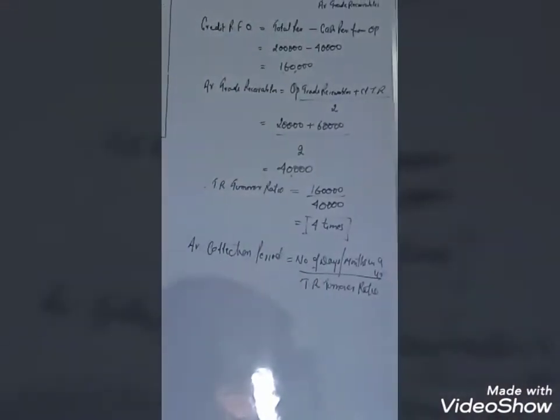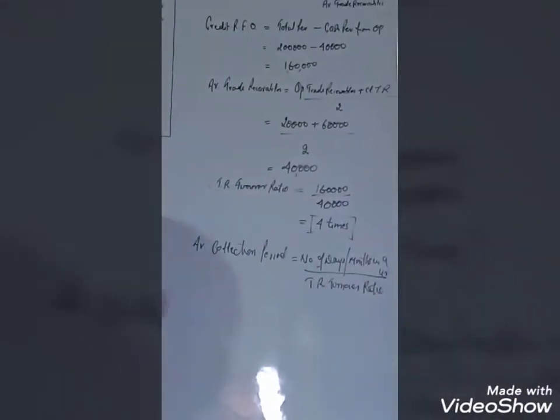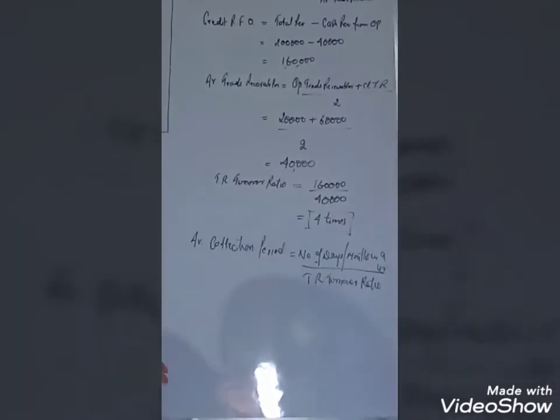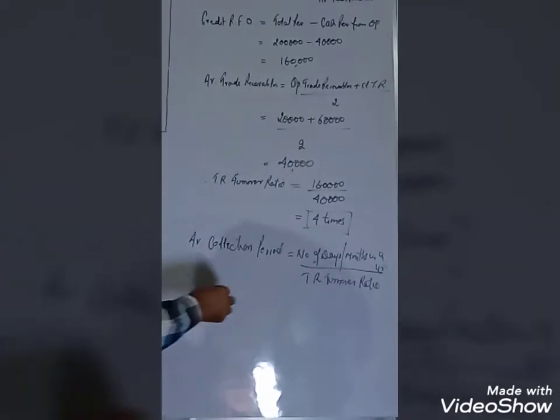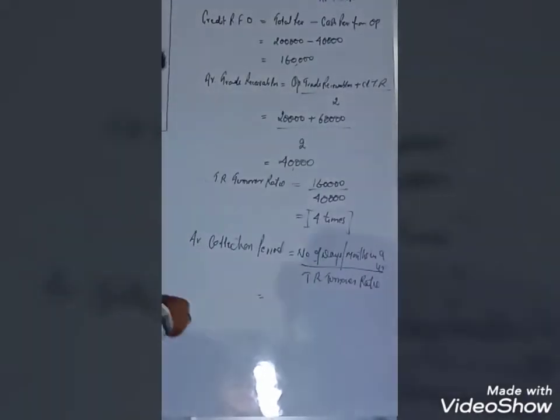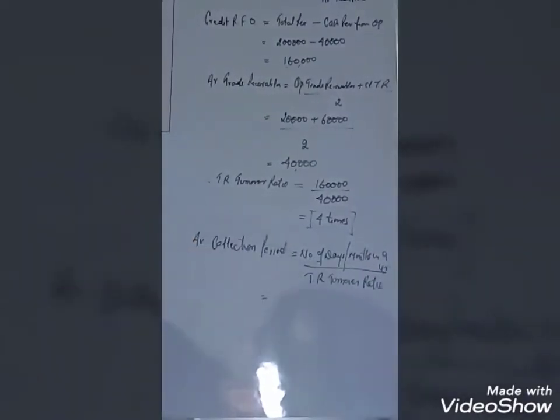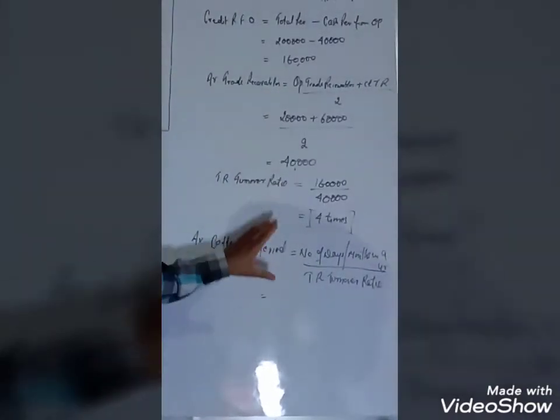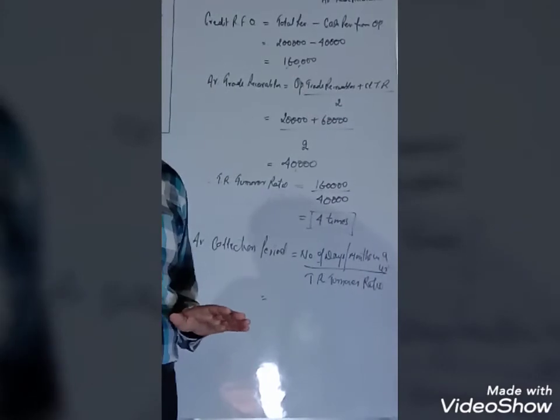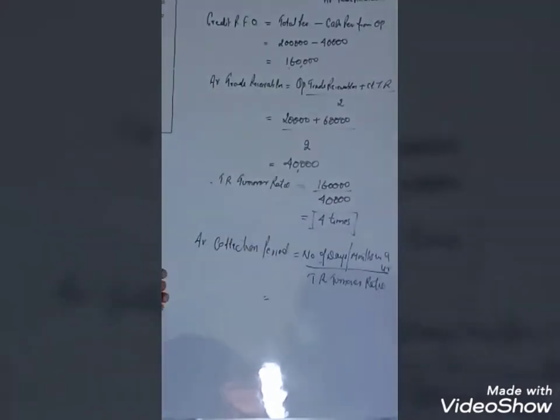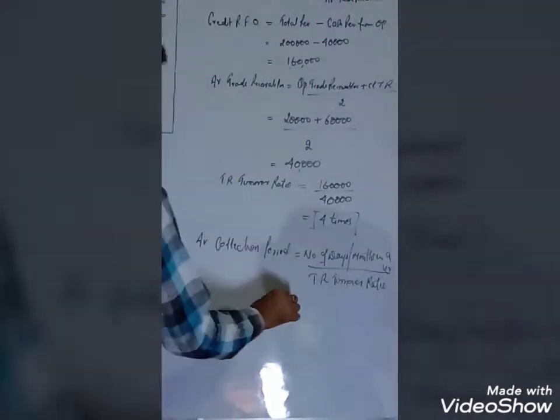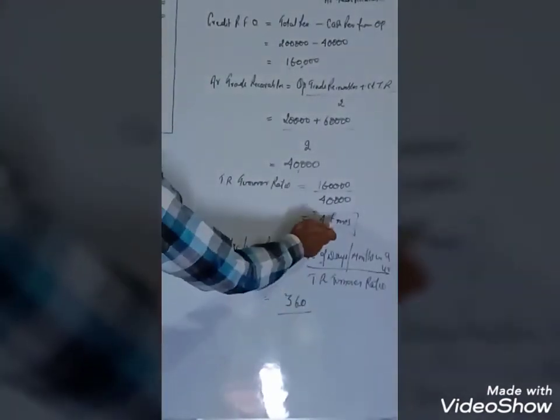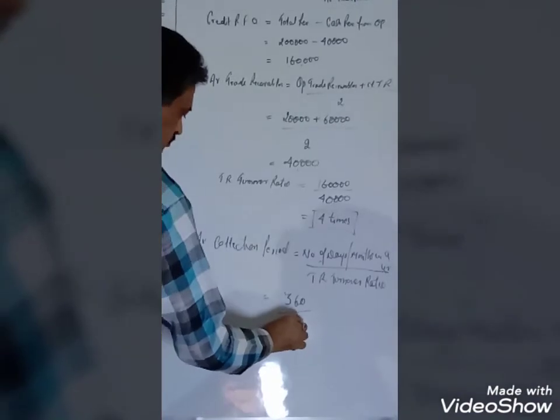By applying this formula, we can find out the average collection period. If the number of days is given in the question as 365 or 366, we take that accordingly. Otherwise, if not given, the average number of days will be taken as 360 days divided by the trade receivables turnover ratio of 4 times.